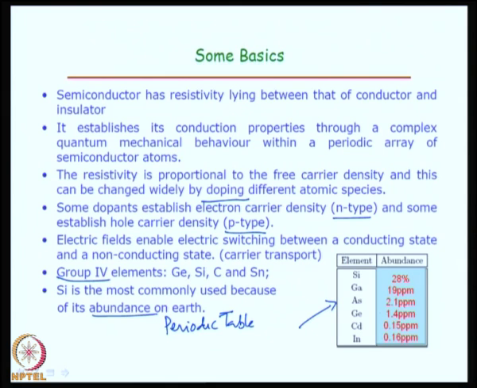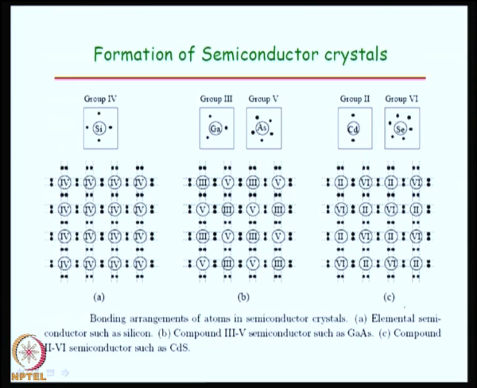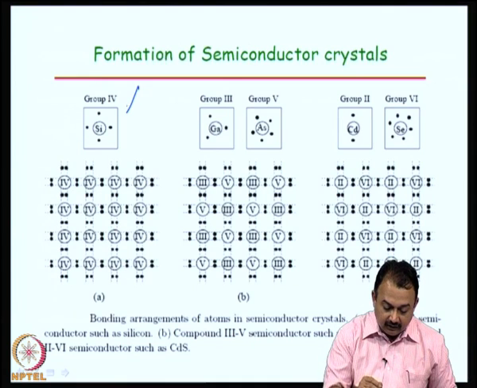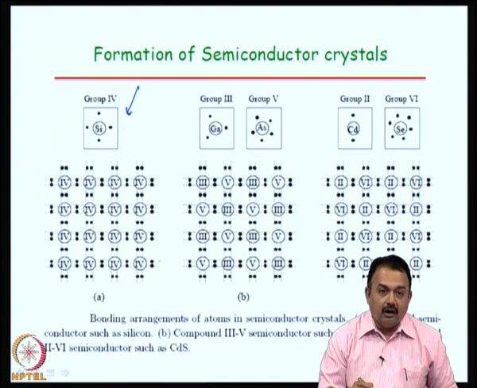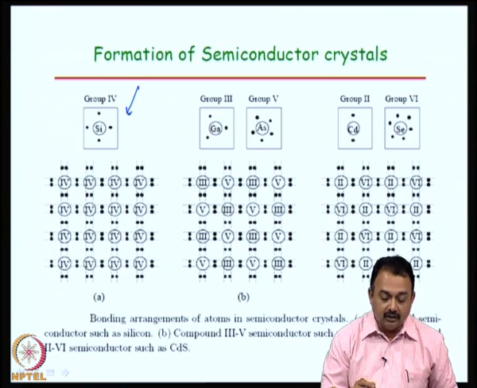So, if you are going to use compound semiconductors, you will be using some of the other materials that have been listed here. Now, briefly, if you look at the formation of semiconductor crystals, this is a group 4 element, silicon, and what I have depicted here is the outer shell electron configuration. So, it is 4 electrons in the outer shell.